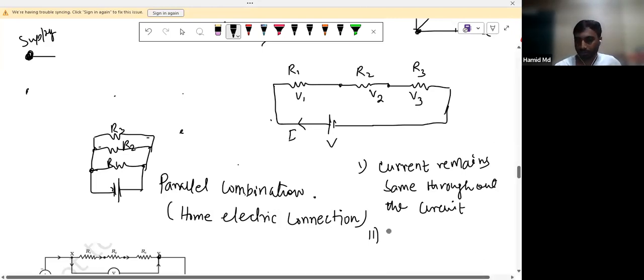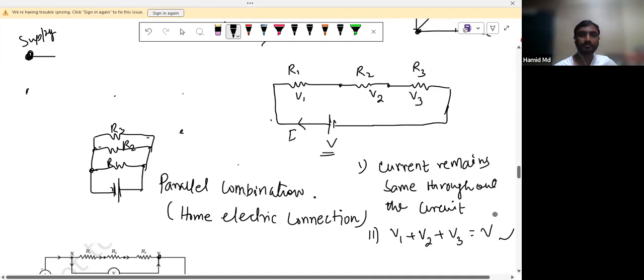So current remains the same, but the potential will be V1 plus V2 plus V3, which is equal to this potential V. The potential drops across each resistor sum up to V, the total potential of the battery, right?